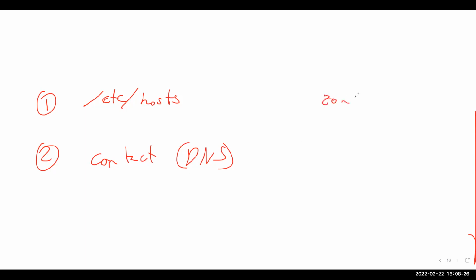Think of this idea. In a zone, you can have www, mail, DNS, and not just one www. You can have multiple web servers, multiple mail servers, etc. So this DNS server contains all that information for that company.